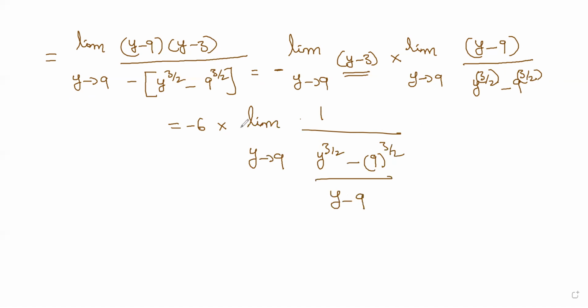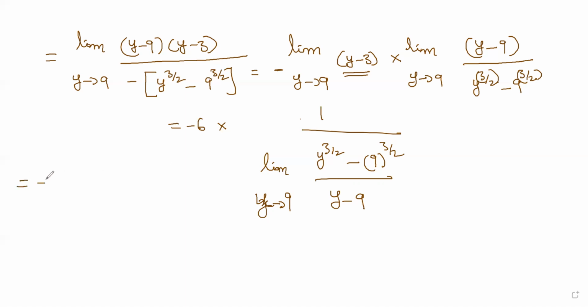I will put this limit here itself. So I'll put this limit here, 1 by limit y tends to 9 of y power 3 by 2 minus 9 power 3 by 2 divided by y minus 9. What form is this? x power n minus a power n divided by x minus a, right?